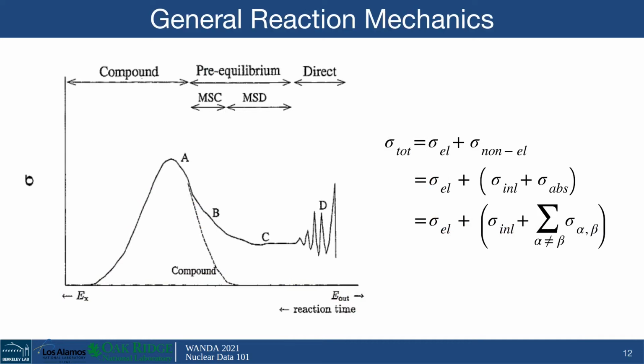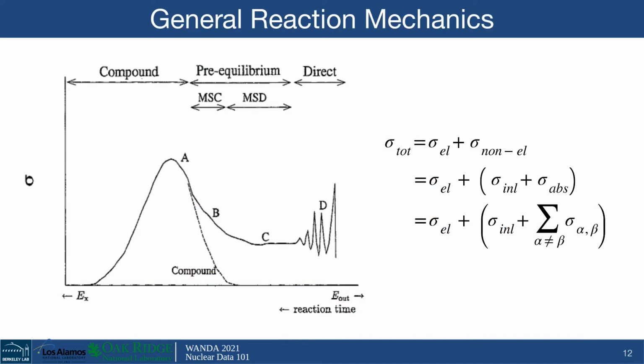In between the compound and direct reaction mechanisms, as an intermediate between these two extremes, there exists a reaction type that embodies both direct and compound-like features. Such reactions are often referred to as pre-equilibrium or pre-compound, or, in a quantum mechanical context, a multi-step process.